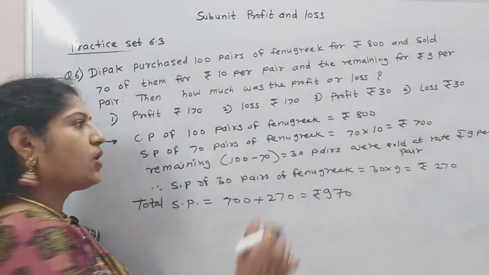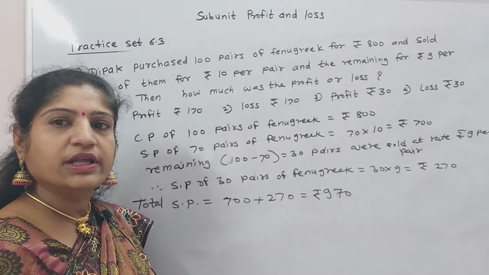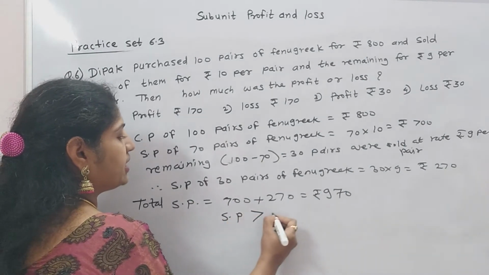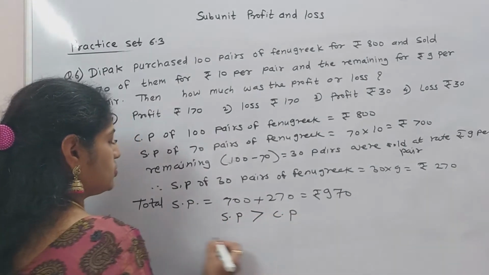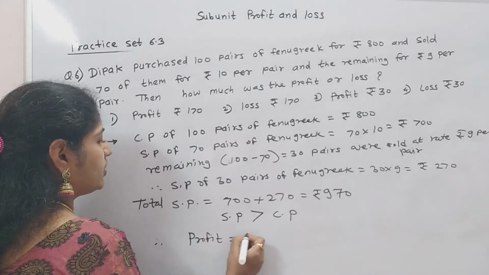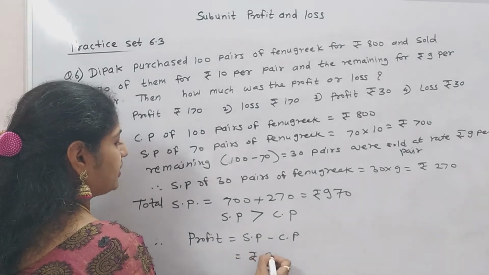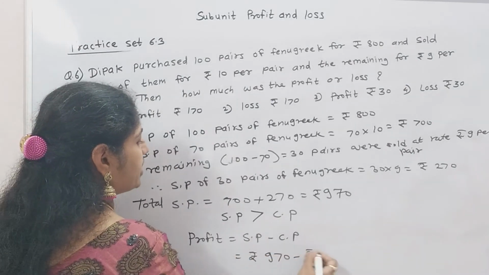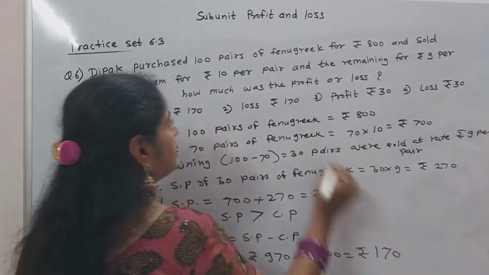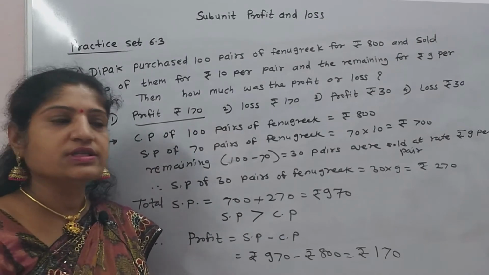Now total cost price is 800. Total selling price is 970. So selling price is greater than cost price, so there is a profit. Profit equal to selling price minus cost price. 970 minus rupees 800, that is 170. Profit of 170. Answer is profit 170.